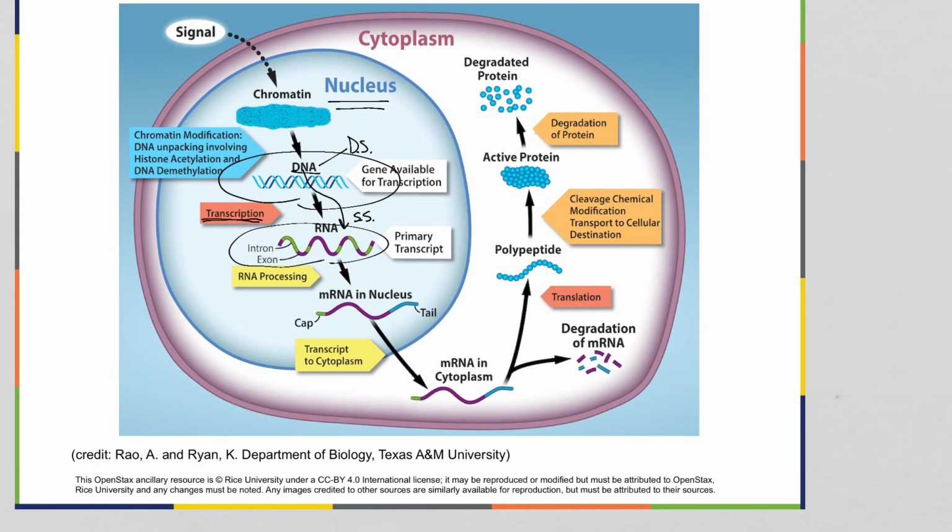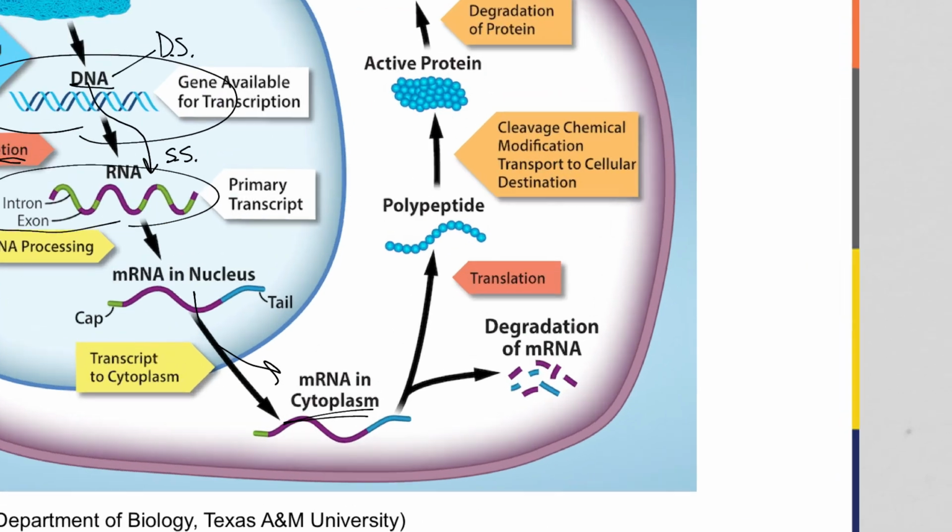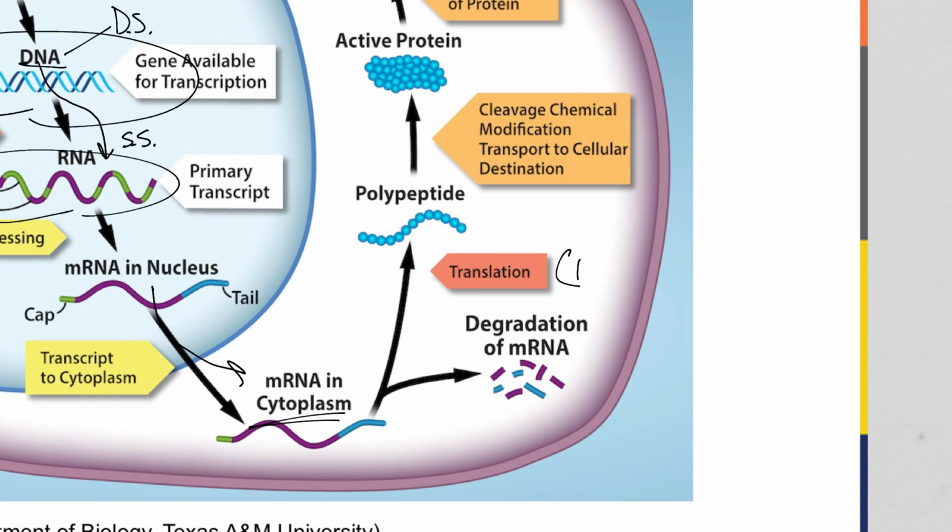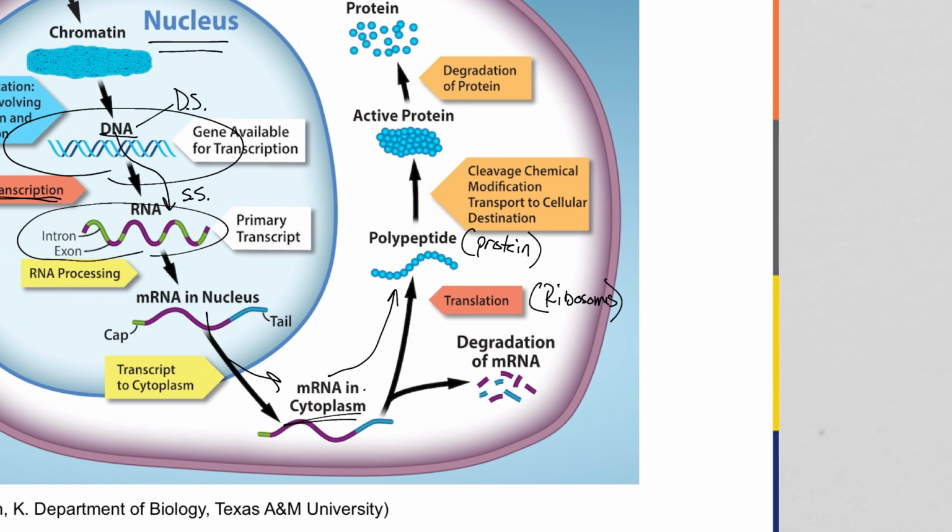And the RNA gets to leave the nucleus, head to the cytoplasm, and by translation, right? Translation is what ribosomes do. They convert that mRNA sequence into a polypeptide, and polypeptide is really just a synonym for protein. Each one of these little dots on the polypeptide is representing one amino acid.